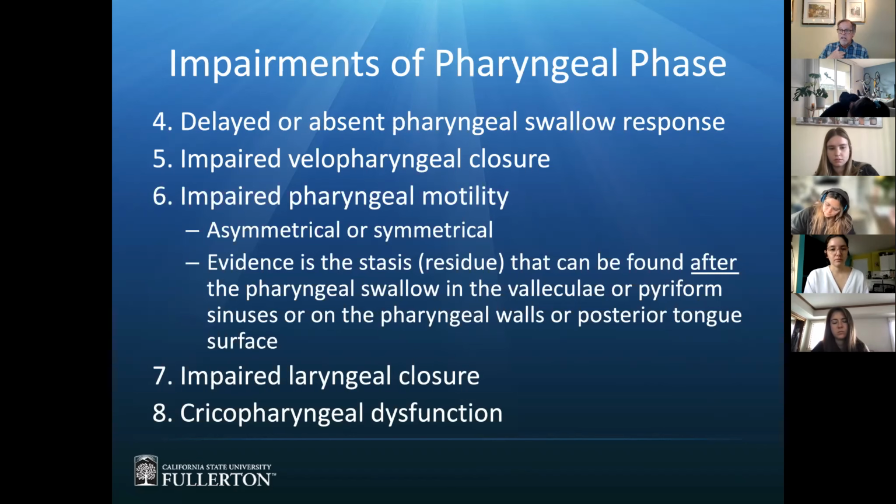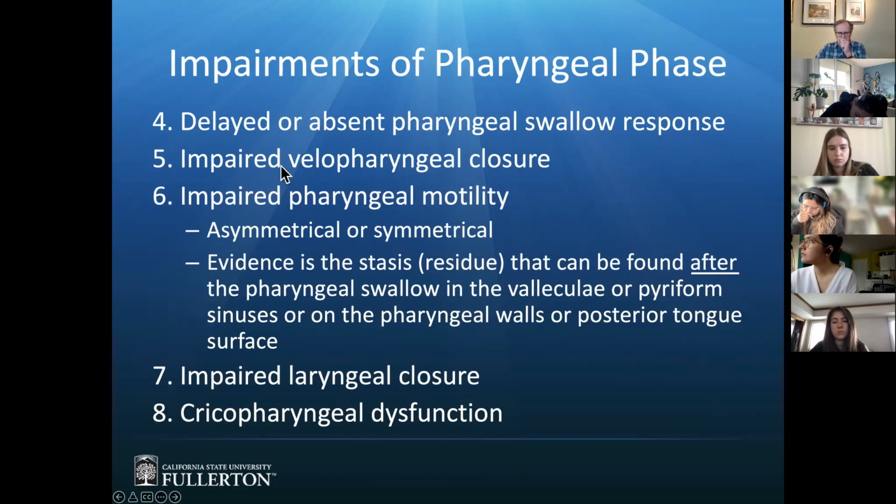You have two valves, one at the top, the upper esophageal sphincter, one at the bottom, the lower esophageal sphincter. As you sit there in a relaxed state, the valves are closed. When you swallow, they open up, the top one first, the bottom one next, when the time comes. It allows the passage of the bolus from the pharynx into the esophagus. So that can go wrong, and that would be called cricopharyngeal dysfunction, and that's number 8.